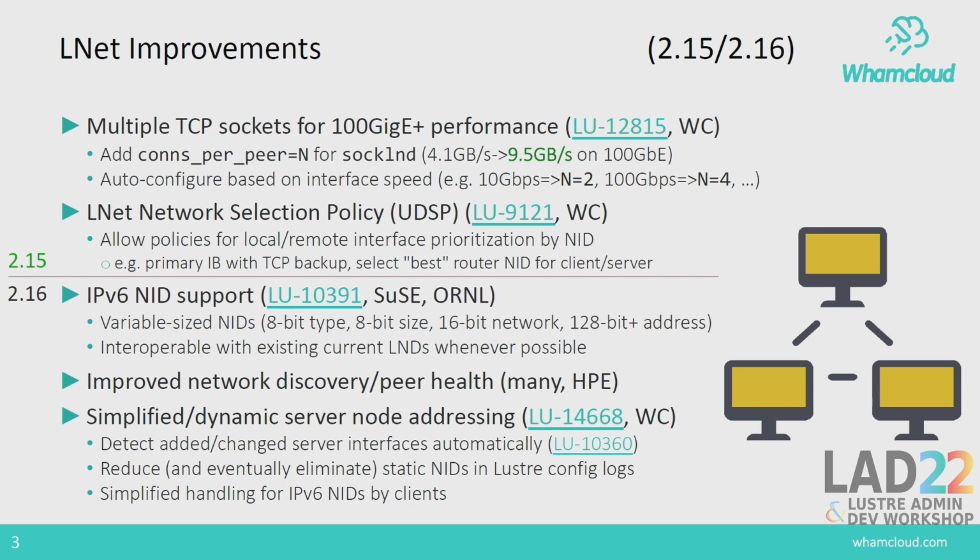By having multiple connections per peer, we can have the connections working on different CPU cores, and that's significantly improved the throughput on TCP connections from a single client. And we have a heuristic that's relatively good at auto-selecting the number of connections. You can always specify this manually if you want, but the default that we pick for 100 gigabit is 4 connections per peer, and that seems to be reasonable.